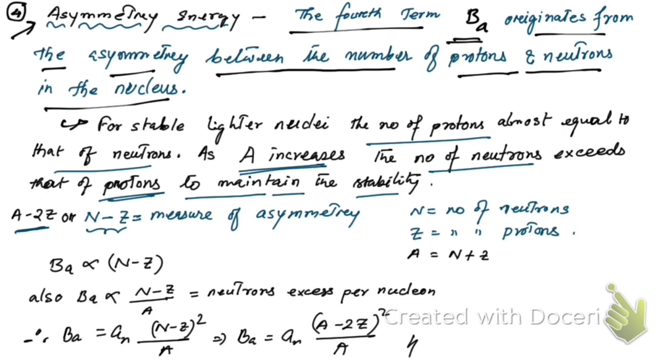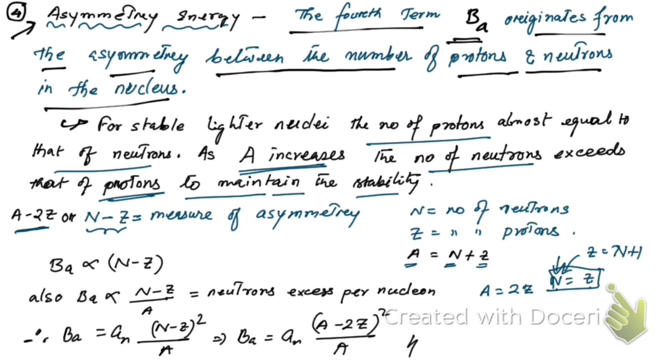Here, we know A is equal to N plus Z, right? If the number of neutrons is equal to the number of protons, in that case we can write A is equal to twice Z, right? Now let me consider that the number of neutrons exceeds Z by 1.